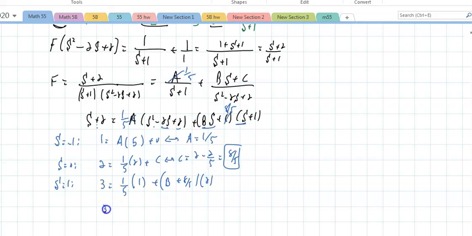So I'll get 3 to equal 1/5 plus 2B plus 16/5, and that would mean 2B equal 3 minus 1/5 minus 16/5.